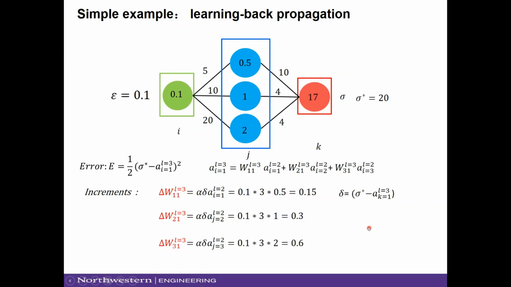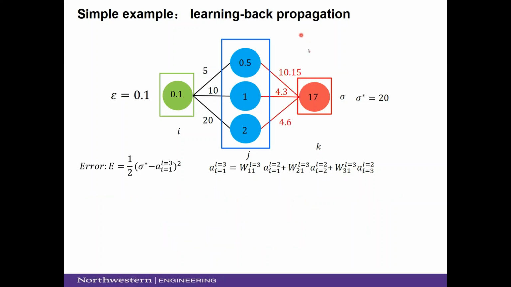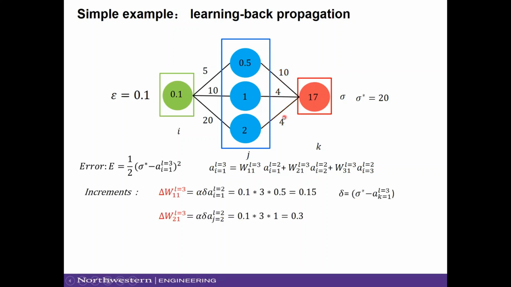Similarly, by the gradient descent method, I can calculate all the other increments of the weights. If we go back, you can see that these are the changes, the increments, that I need to add to the weights. So 0.15 I will add to this, 0.3 I will add to this, and 0.6 I will add to this.